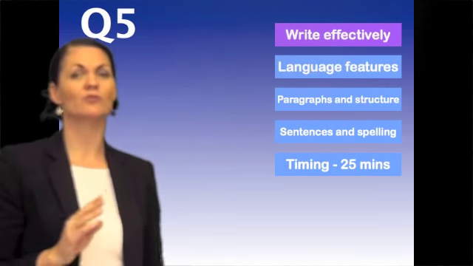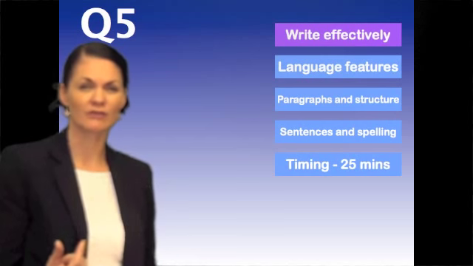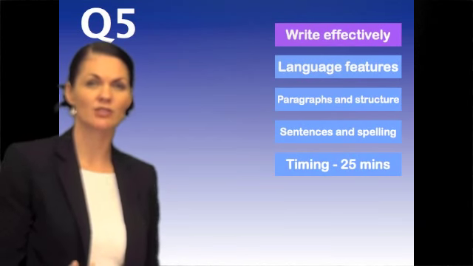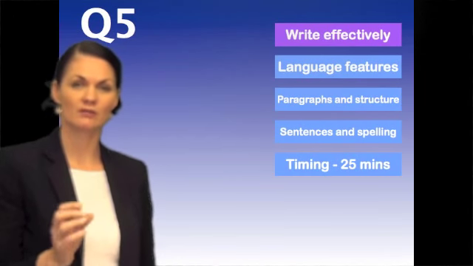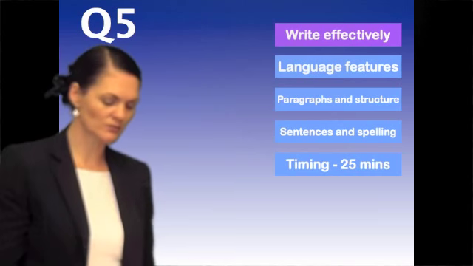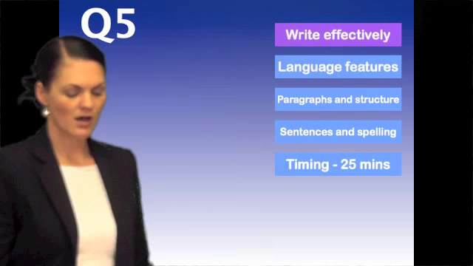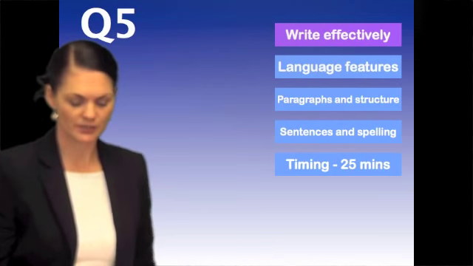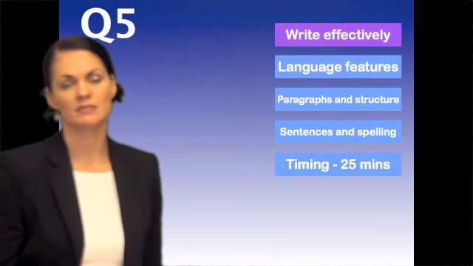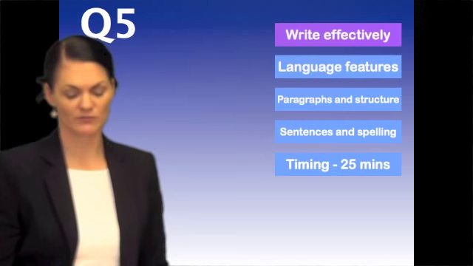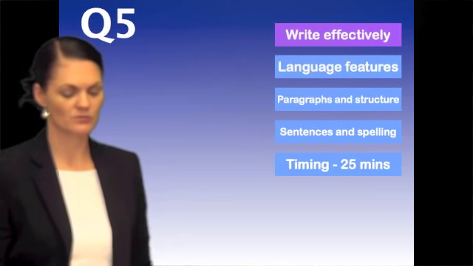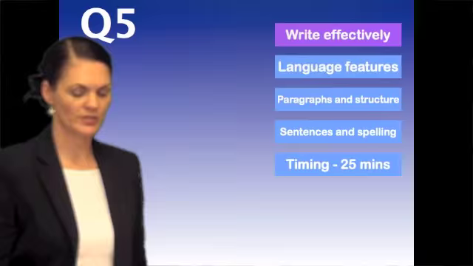Be really conscious of the words that you use, that verb choice, the adjective choice, thinking really carefully about the language choices that you use, and then paragraphs and structure, and then sentences and spelling. Okay, so you've got 25 minutes to write for this question.